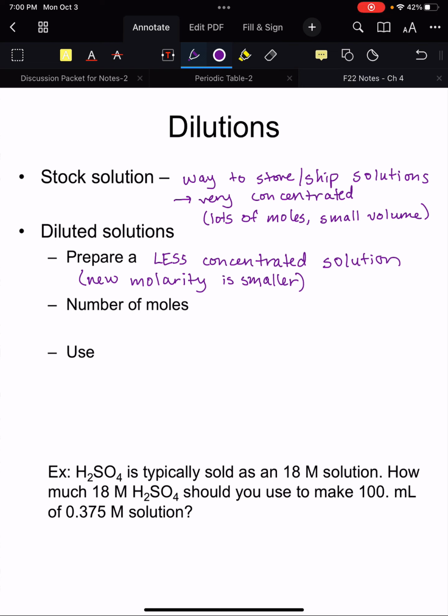So what happens is the number of moles stays the same. But because you're changing the volume, the molarity changes. So the volume changes, so the concentration changes.